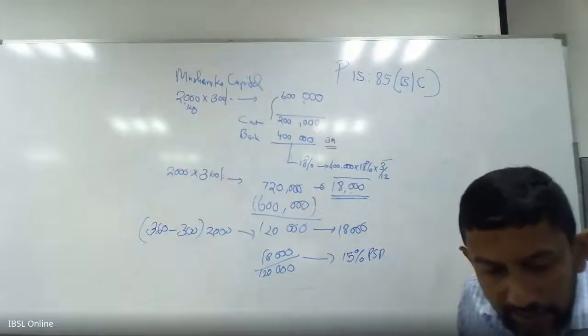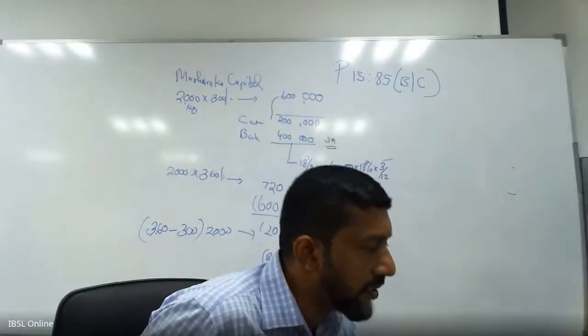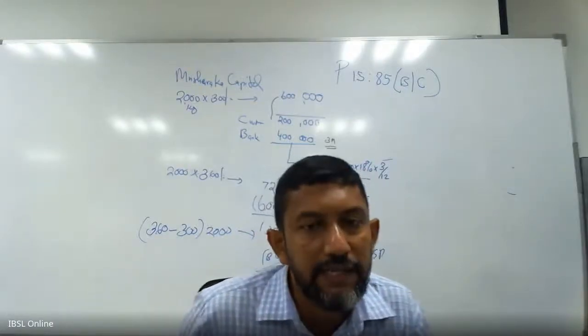Now the 18,000 the bank expects after 3 months. If the customer sells this stock within 1 month, does that mean the bank is getting the time value of that 18,000? Yes, it's getting its return faster.